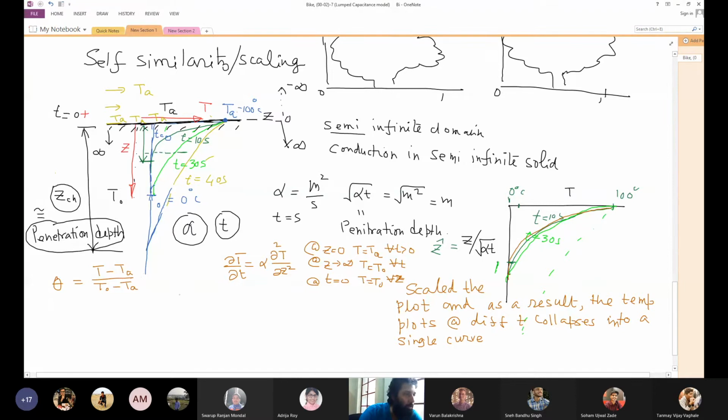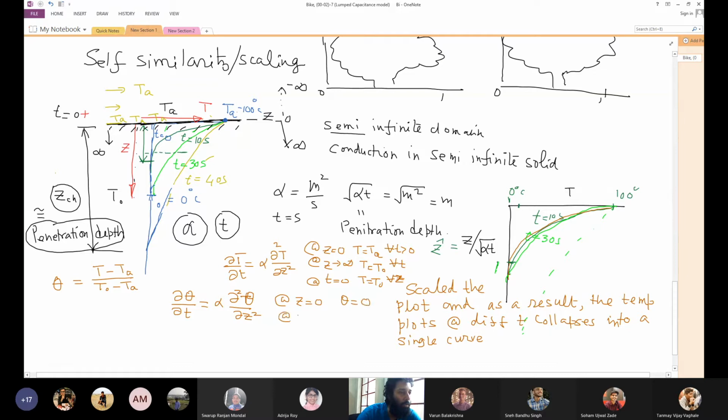And you can see that this transformation is straightforward. So this becomes partial theta partial t equals to alpha, second derivative of theta with respect to z. And at z equals to 0, T equals to Ta, that means theta equals to 0.